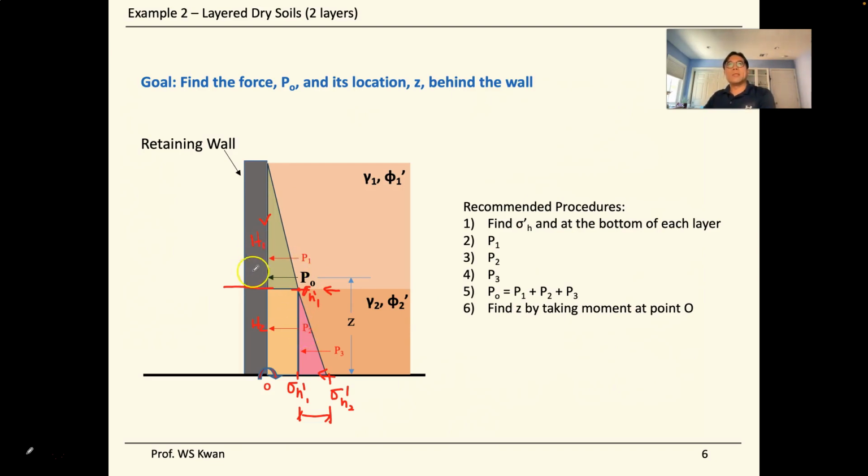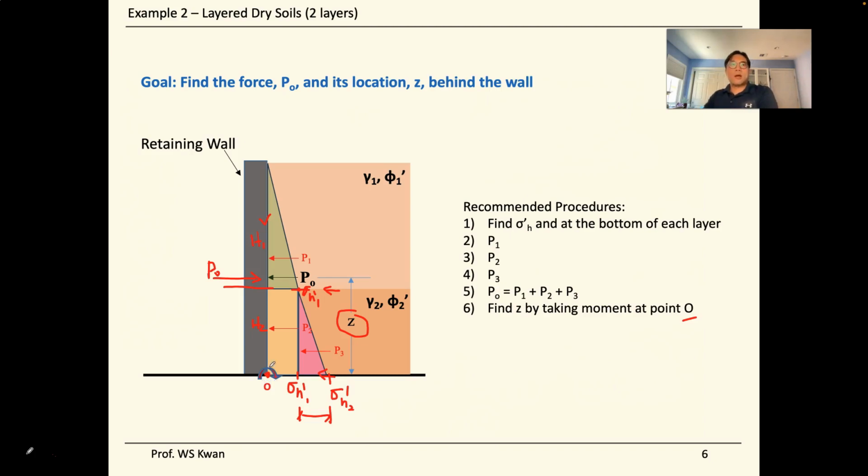So if we take the moment of P1, P2, and P3 acting on the wall, against the resultant force provided by the wall to resist the soil body loading, then we can solve for the location where this resultant force acts, counting from the base of the specimen. We need to take the moment at this point over here, this particular point of your retaining wall.